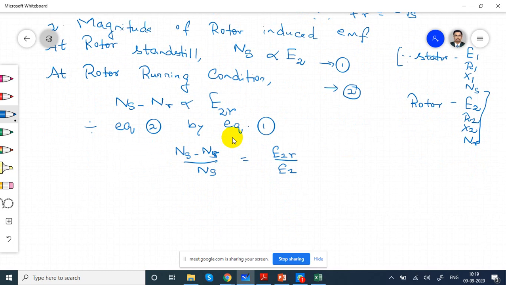So Ns minus Nr by Ns, we know, is slip s, equal to E2R by E2. Therefore E2R equal to s into E2.